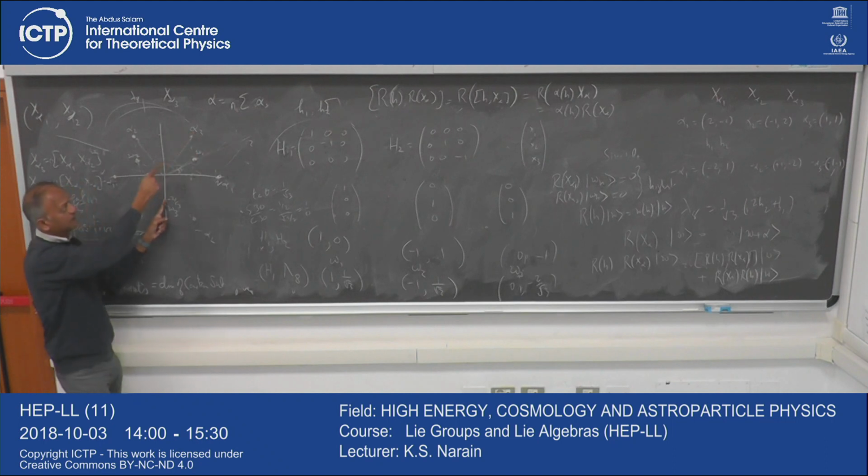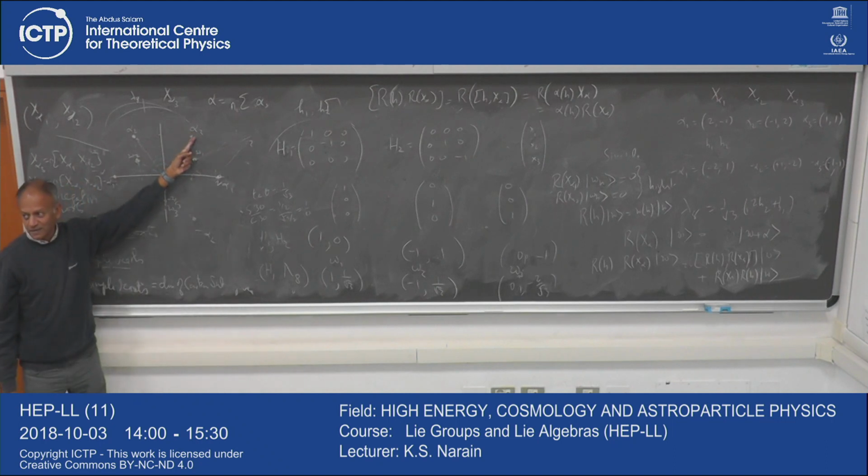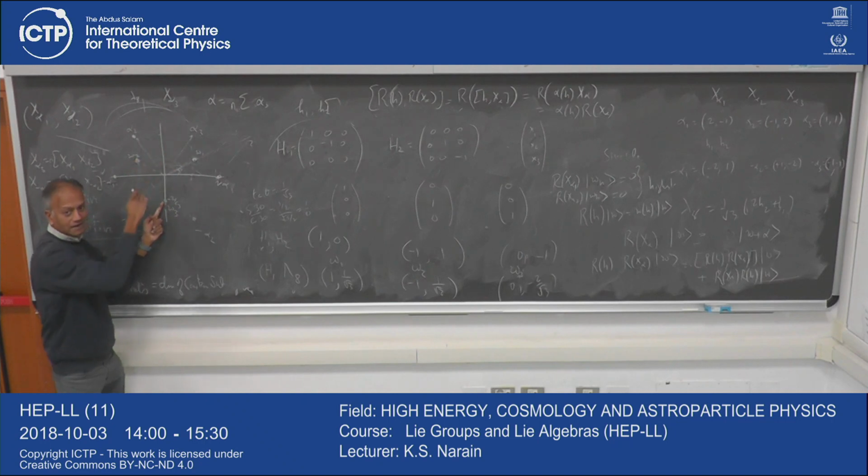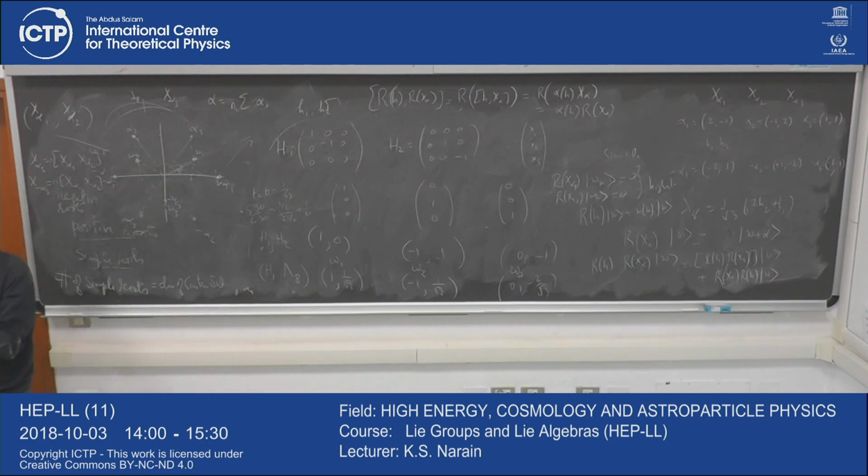We never use this alpha 3, but of course there's also an SU2 subalgebra there. If you look at this SU2 subalgebra, these two form a doublet, because this is moved there and that's moved there, but this is a singlet of that.